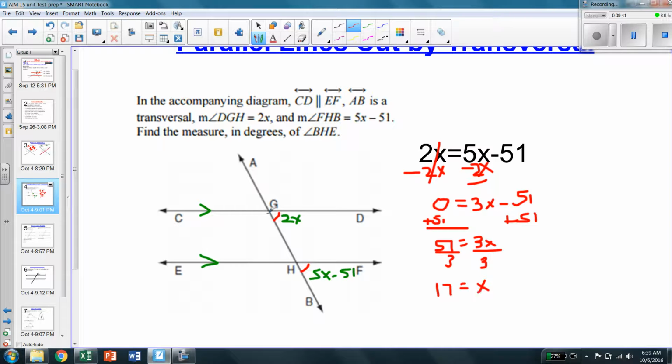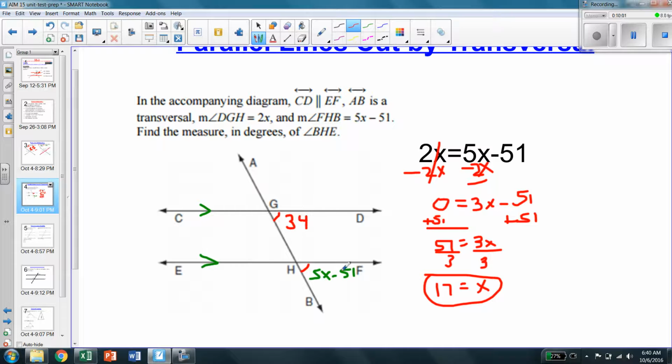Now, are either one of these angles 17? No. The value of x is 17. So this one's 2 times x. 2 times 17, I'm going to get my eraser now, is 34 degrees.